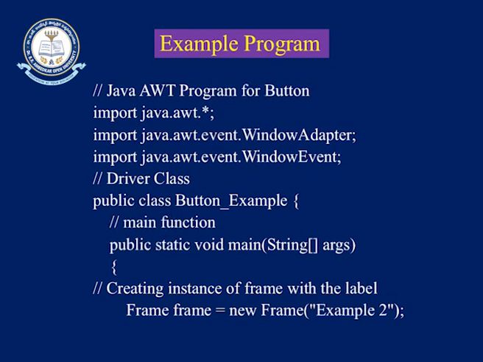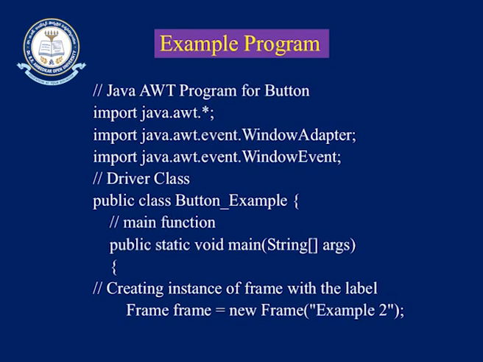I am creating one class. My class name is public class ButtonExample. Class is a keyword, public is an access specifier, ButtonExample is my class name, and under that class I am creating the main function, public static void main method.